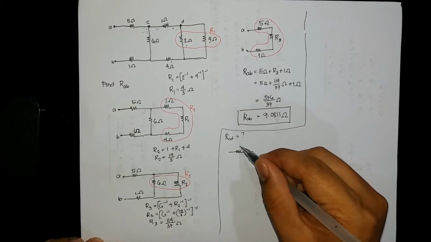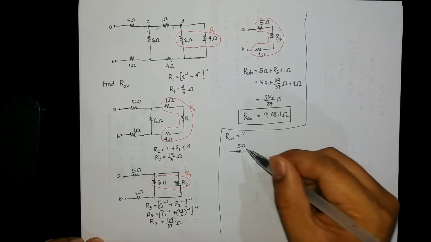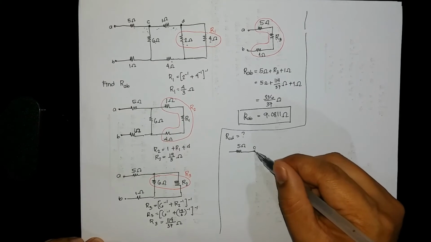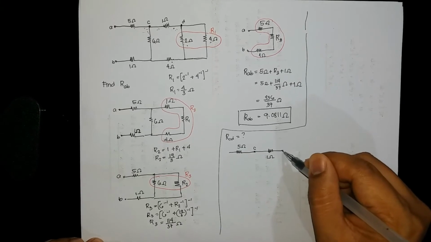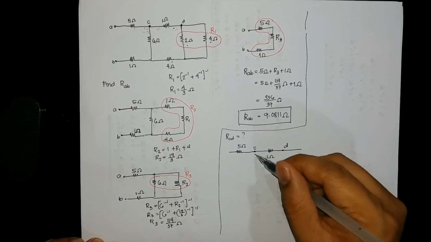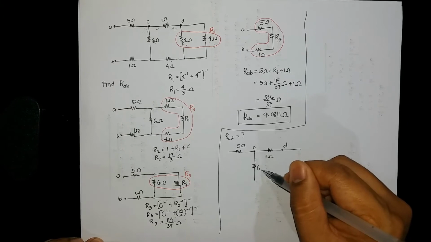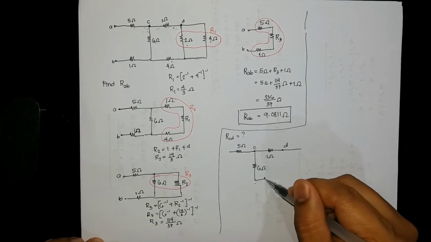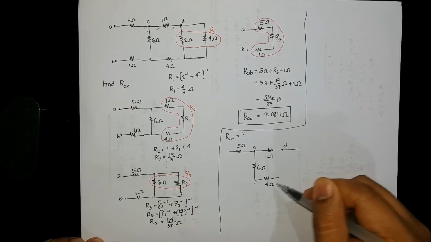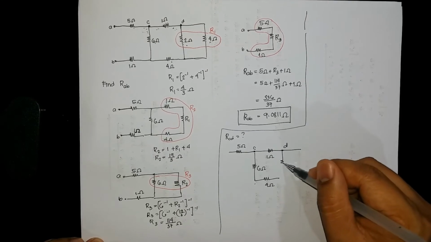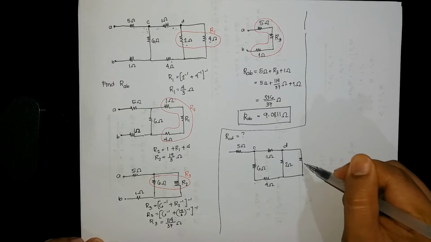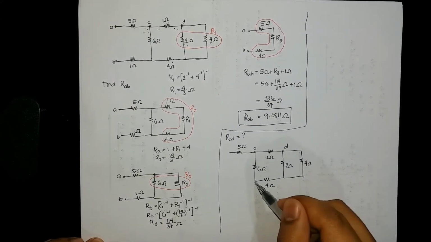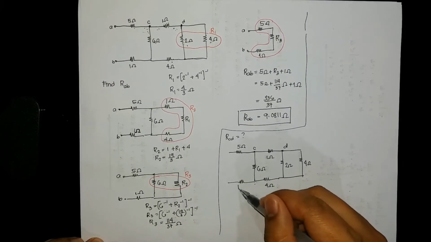So if this is 5 ohms, your point C, your resistance 1 ohm, our point D, and we have here 6 ohms, we have here 4 ohms, 2 ohms, and lastly, I know we have 4 ohms, then this one is 1 ohm.